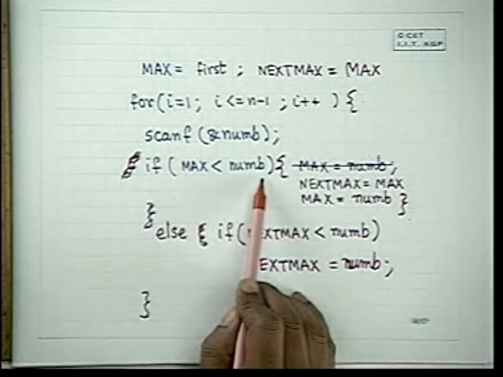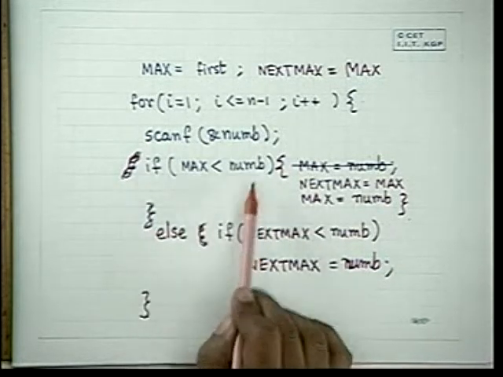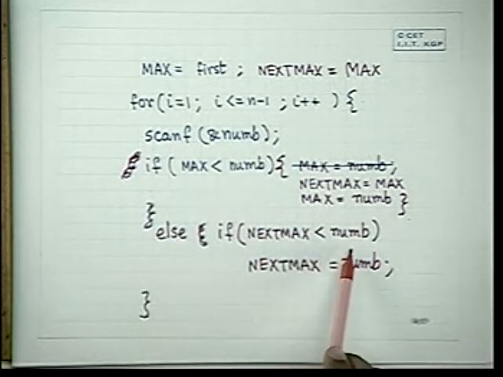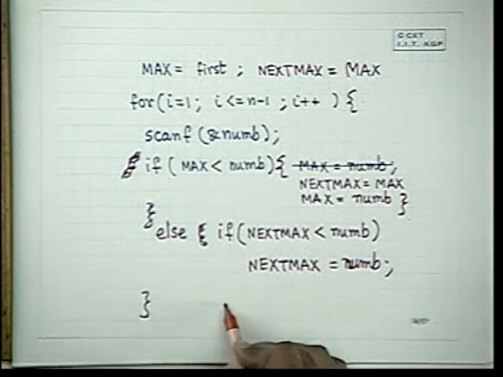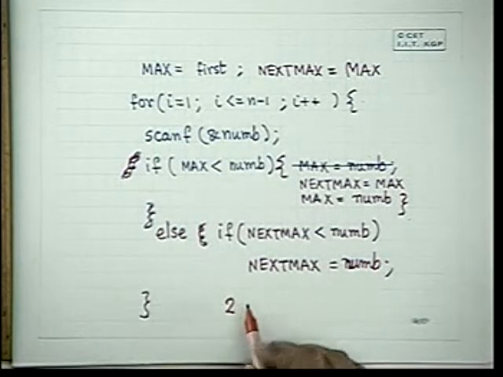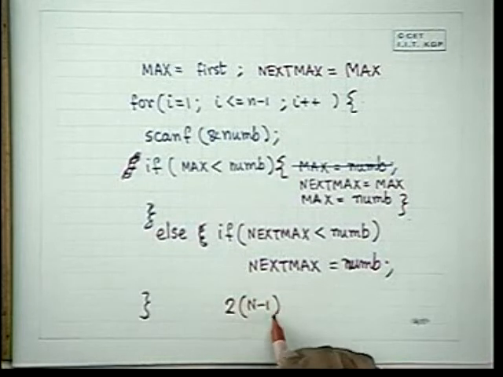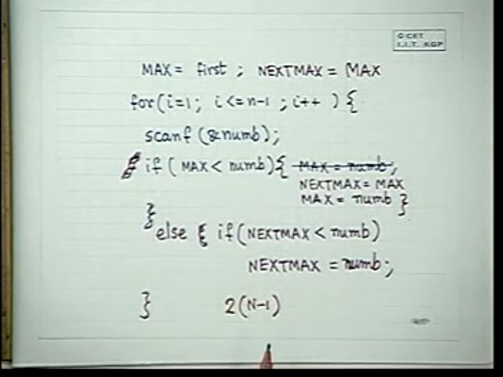This comparison will work, and in the worst case you have to do both the comparisons, because actually both may fail and you will have to do both the comparisons. So you will end up doing something like 2 into n minus 1 or 2 into n minus 2 comparisons to finding out the maximum and second maximum of n numbers. The question is, could you do better? Can anybody have any suggestions of what to do?